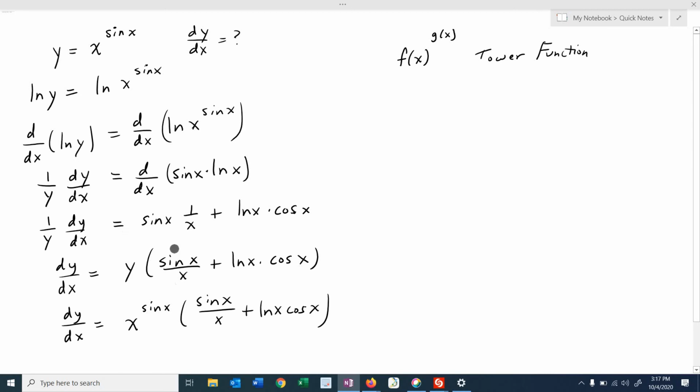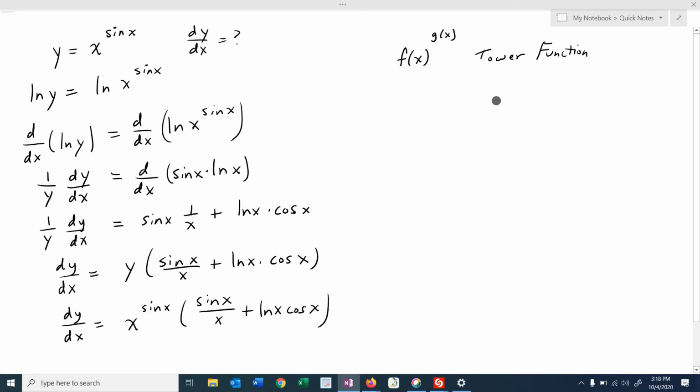Now, there is another way to do this problem. You, of course, can use logarithmic differentiation to find this derivative of this tower function. But when you have a tower function, you can also use this little trick. So I'm going to show you a second way of finding this.